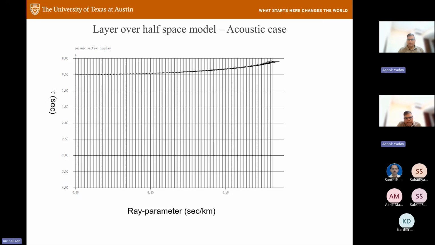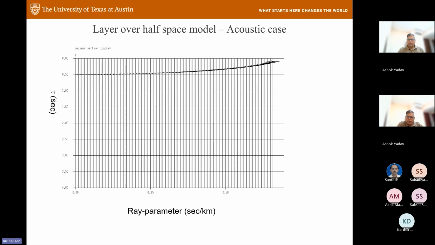I see that as the ray parameter increases, the travel time is decreasing. Yes, very good. That is because the delay time, p is actually inversely proportional to velocity. So the travel time is decreasing. Good.